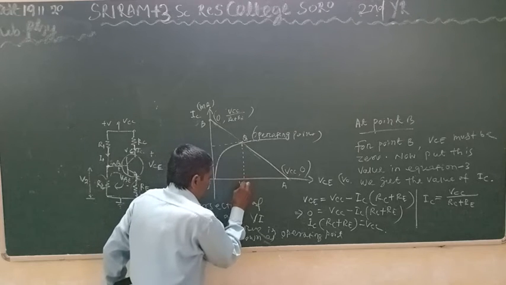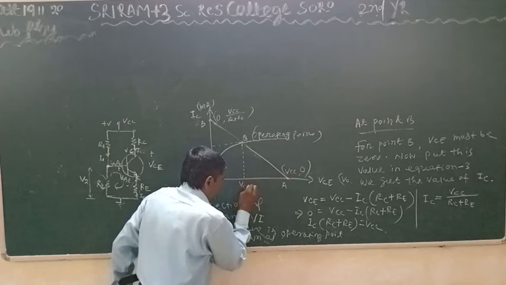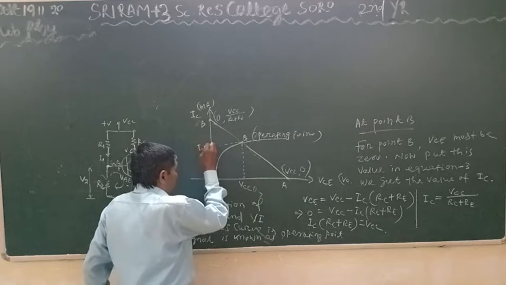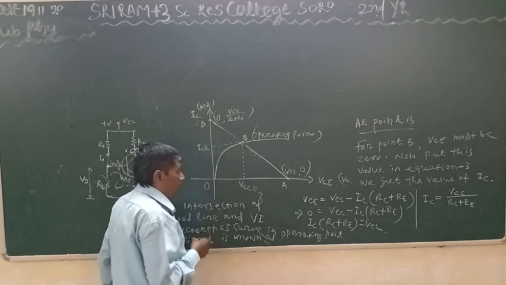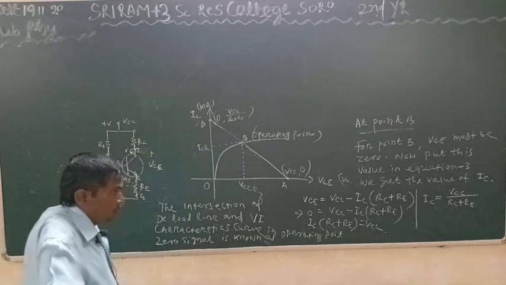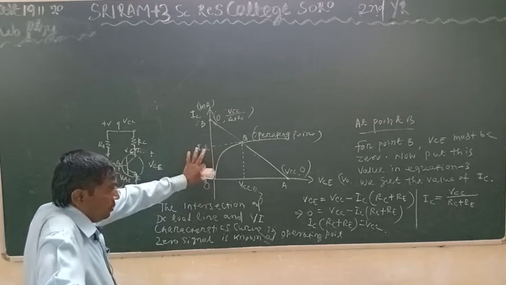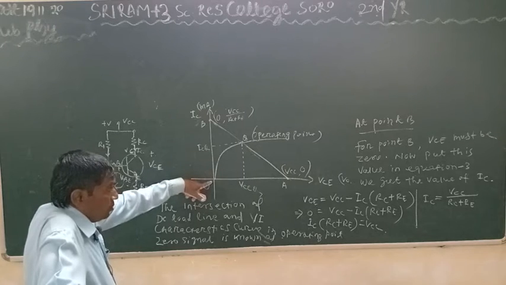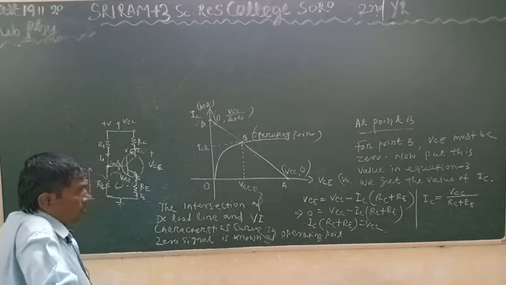Now this is the VCEQ, and this is the ICQ. So this operating point is also covering this section, that is the zero signal ICQ and zero signal VCEQ.